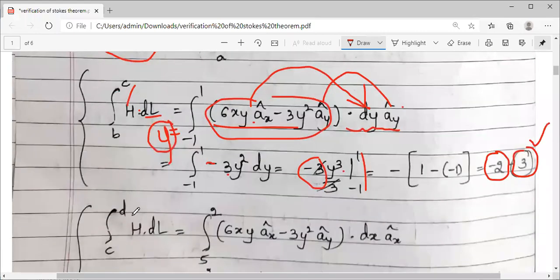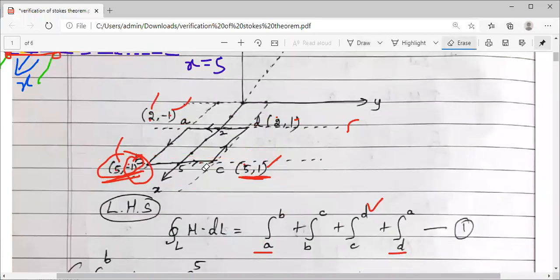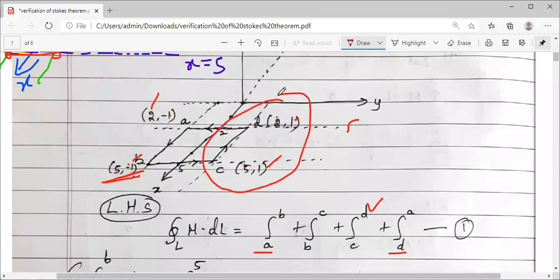Now, talking about the third, CD. Check this. The coordinate locations are very important, because if that goes wrong, the complete problem will be wrong. So be careful to locate the points correctly.